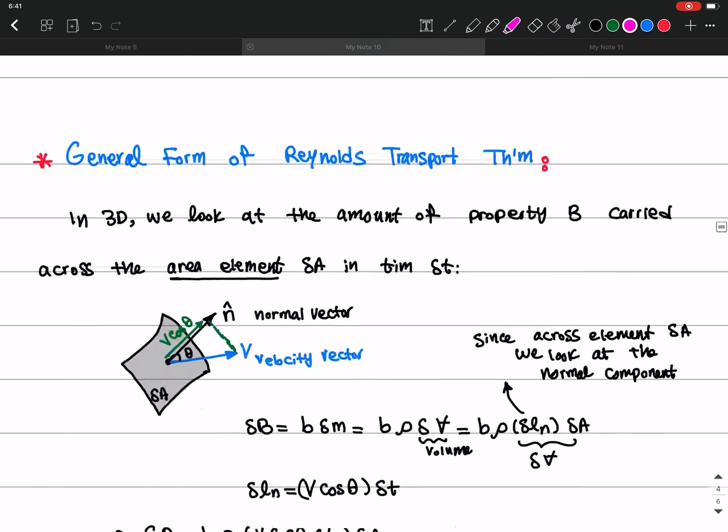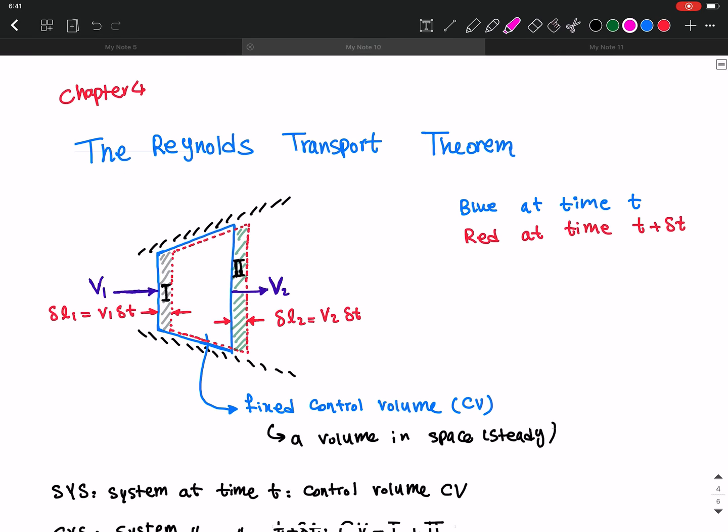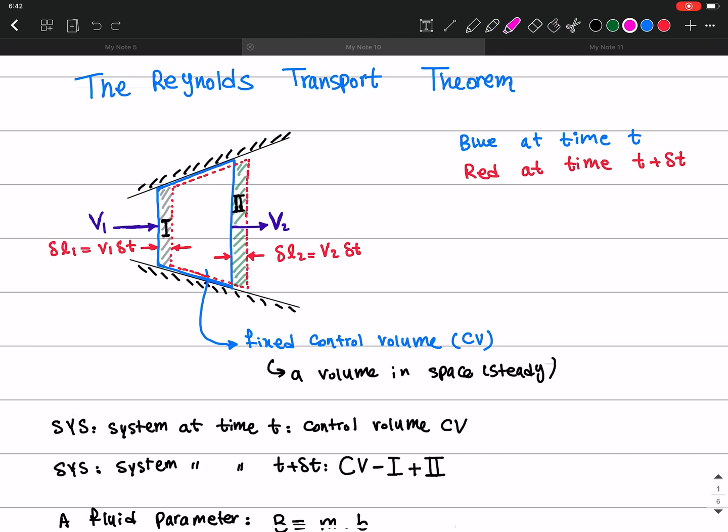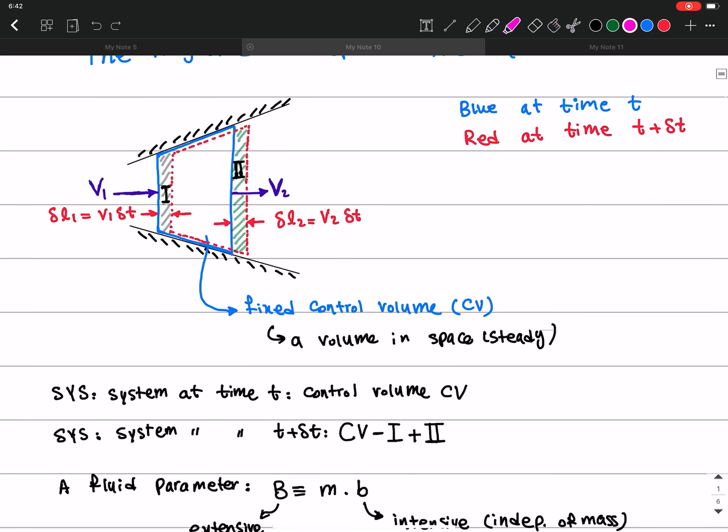So let me briefly review what we learned today. So we started with showing the Reynolds transport theorem in one dimension for a simple case, which is a fixed control volume. And we showed that we have this control volume at time t, and then at time t plus delta t, this fluid is moving to the right because of the flow motion.